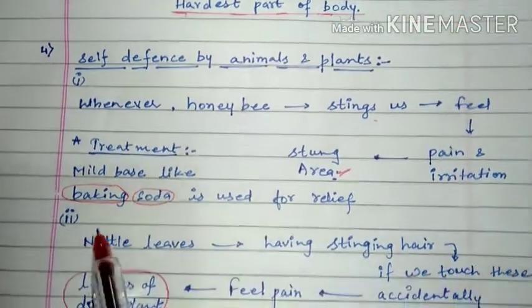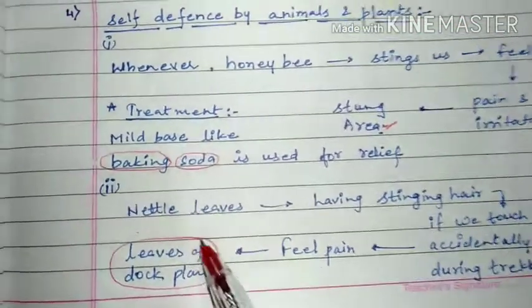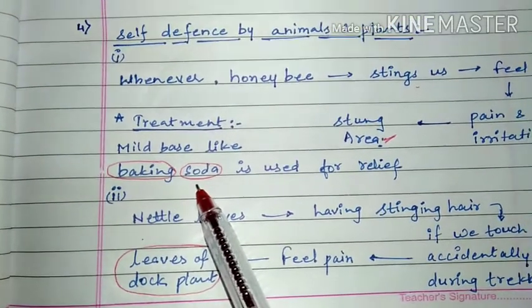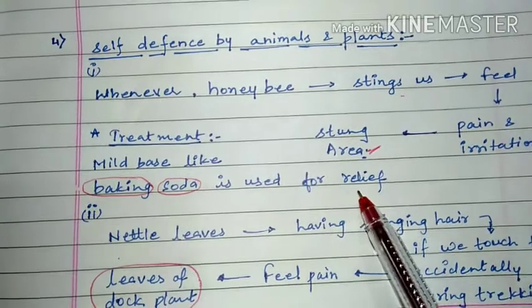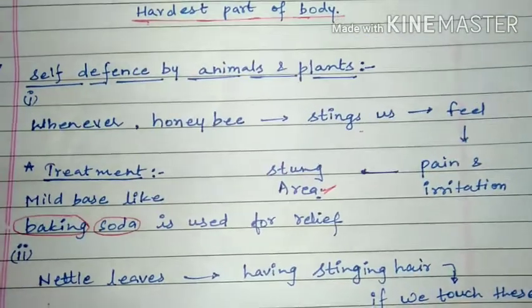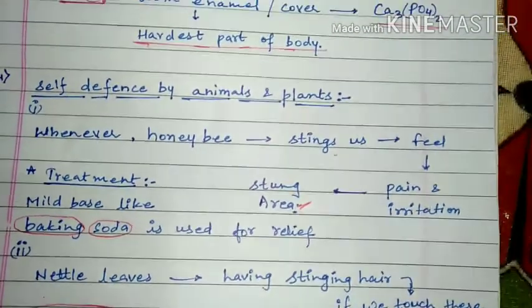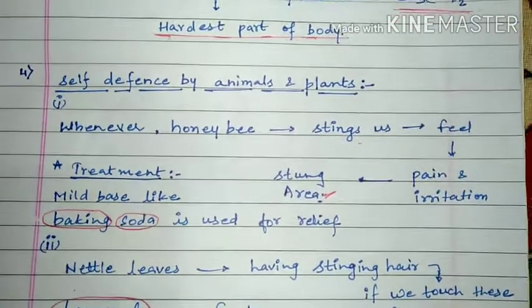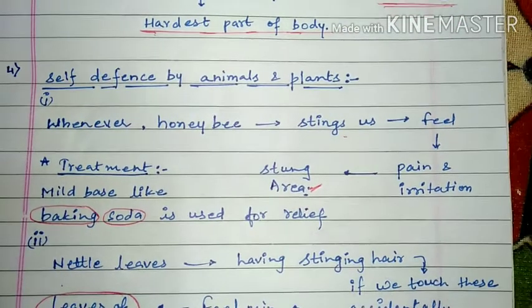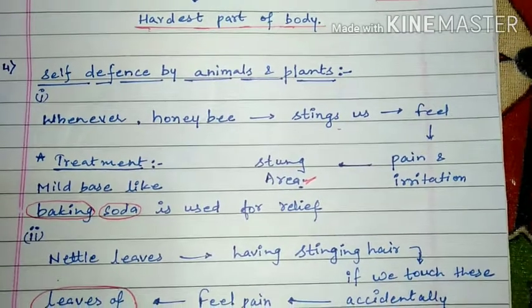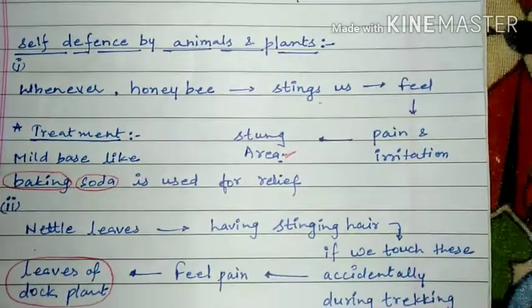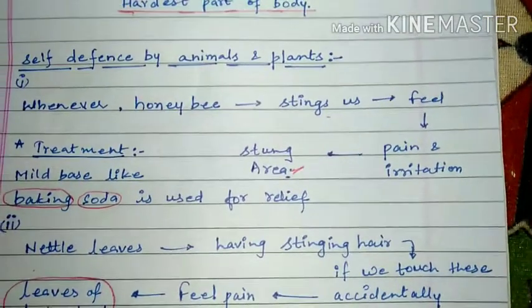Then what is the treatment? For this we should use a mild base, that is baking soda, and we will get relief. As a traditional method for this kind of problem, you can ask your mother and father also. People mostly use an iron article to get rid of this problem.